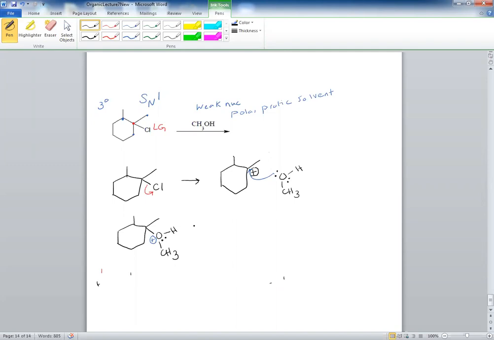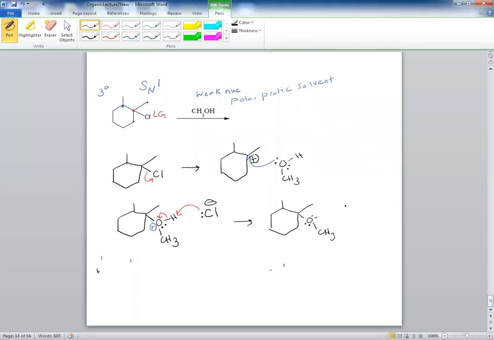So we need something else to remove that H, and you can use Cl or another, remember, this is an acid-base reaction, or just OCH3. Plus HCl.